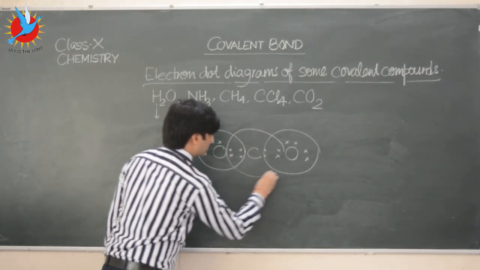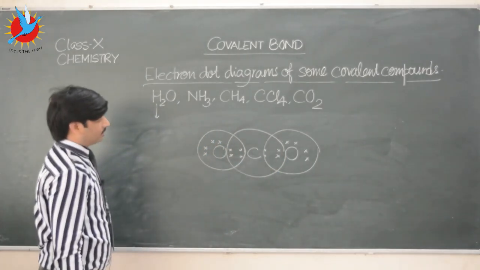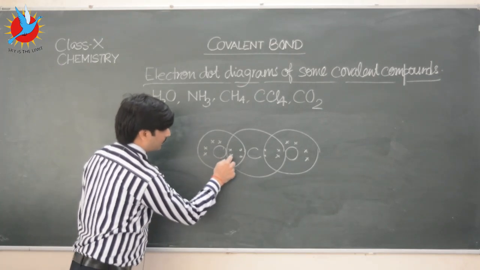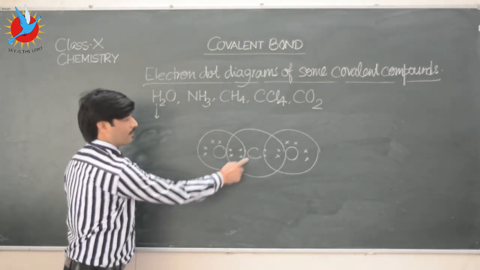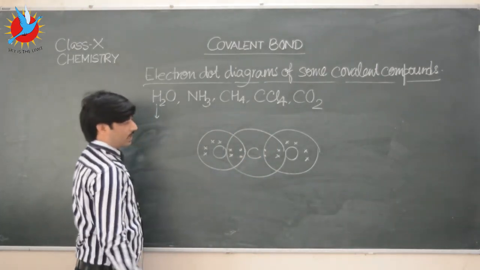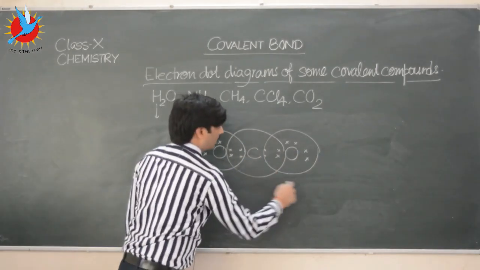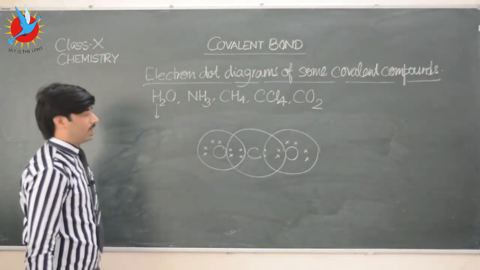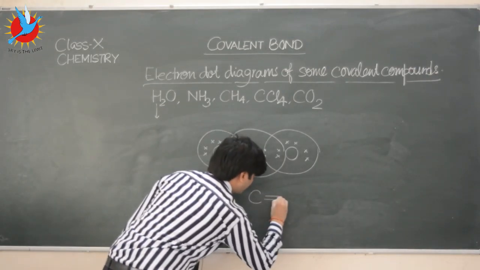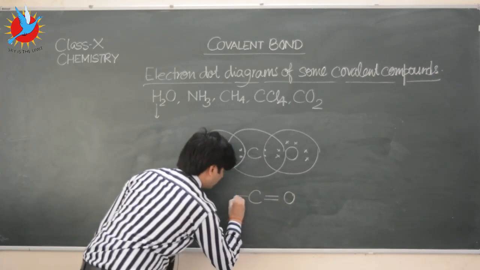And you can check the circle of each atom and you will get 8 electrons. 1, 2, 3, 4, 5, 6, 7, 8. In the same manner, carbon has also 8 electrons in its own circle. At the same time, the other oxygen atom also has 8 electrons. Now, it can be represented with the help of double bond.